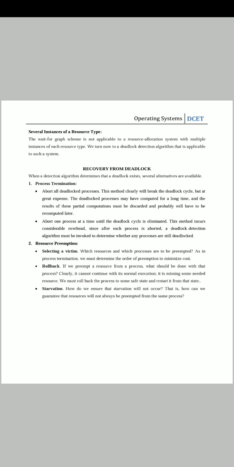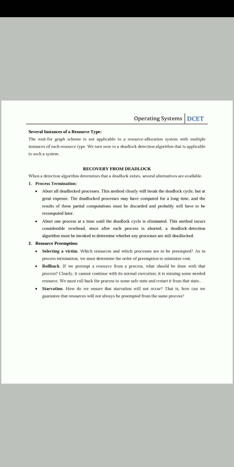The third one is starvation. The starvation concept is also used in our priority scheduling algorithm. How do you ensure that starvation will not occur? That is, how can we guarantee that resources will not always be preempted from the same process? Suppose I have 10 resources and 10 processes, and the 10th process has the 10th resource.